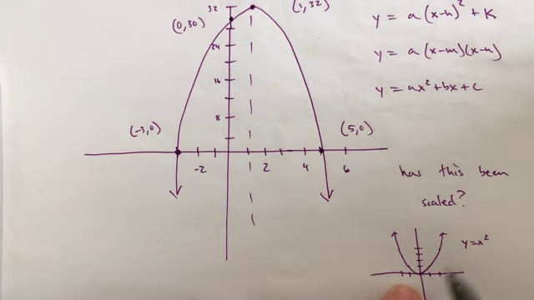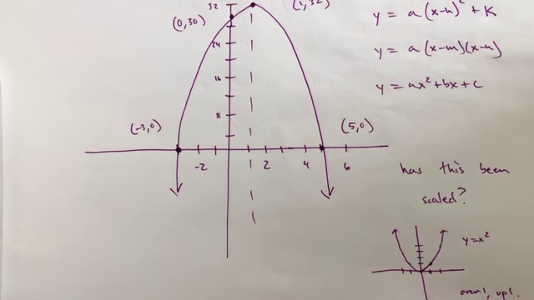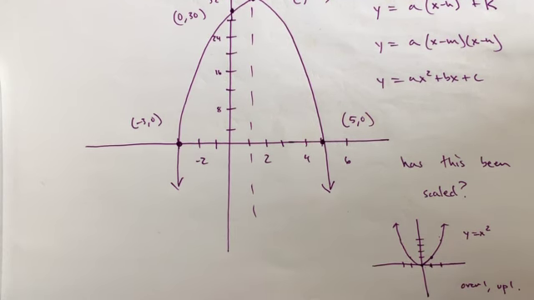So one thing we notice about x squared is when we move over 1 from the vertex, 1 squared is 1, so we move up 1. So over 1, up 1 from the vertex. Same thing in the negative direction, over 1, up 1. Now if we move over 2, 2 squared is 4. So that means over 2, up 4, right?